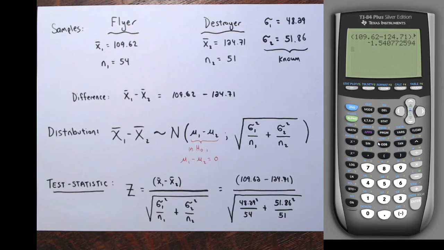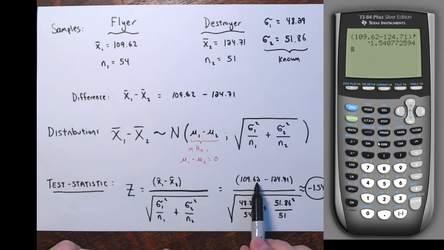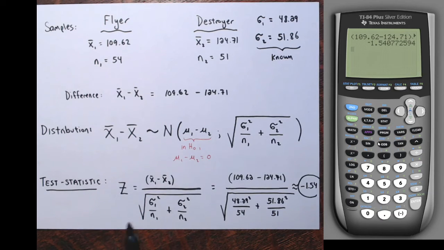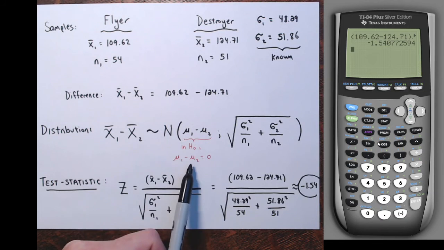So rounding this to 2 decimal places like they're asking me, it rounds to negative 1.54. And it should be negative because the difference in sample means is a negative number, which is less than 0, our assumed difference in the population means.